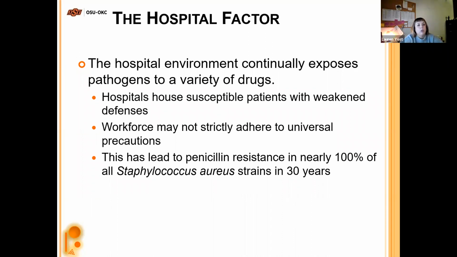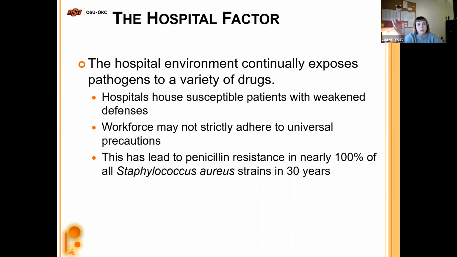So yeah, the hospital environment continually exposes pathogens to a large variety of drugs. Of course, it has to. That's what people are there for. They're there to get treated for whatever disease they have. So hospitals house susceptible patients that already have weakened defenses, and then their workforce may not strictly adhere to the universal precautions, not always on purpose, right?